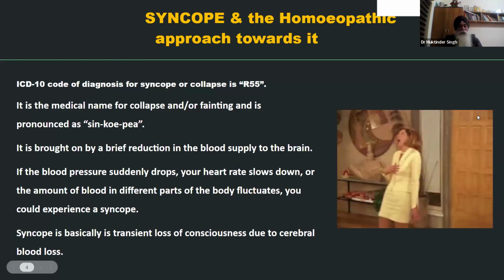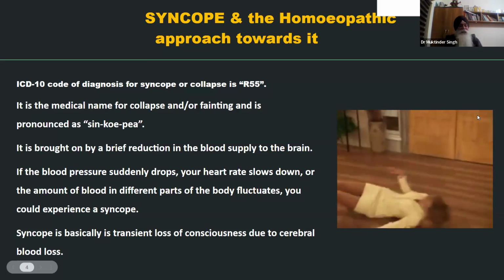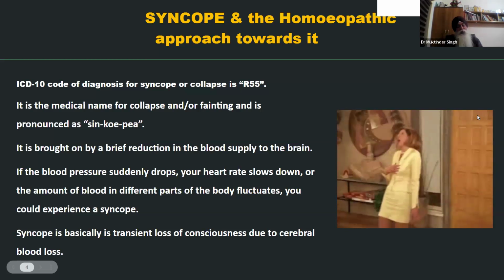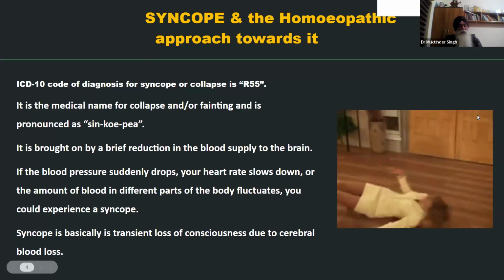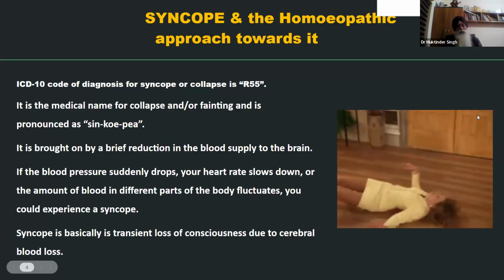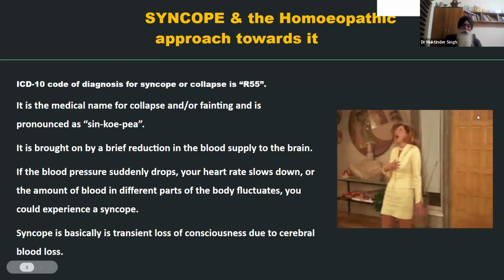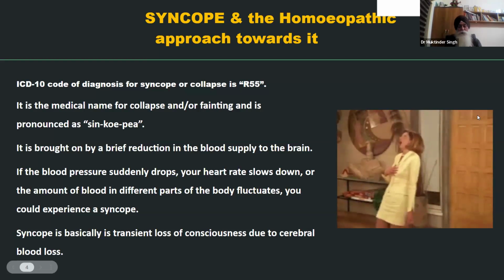There are protocols, diagnostic criteria, and differential diagnoses. As we grow into a medical fraternity, every homeopath should surf the internet and have a fair knowledge of this ICD classification.